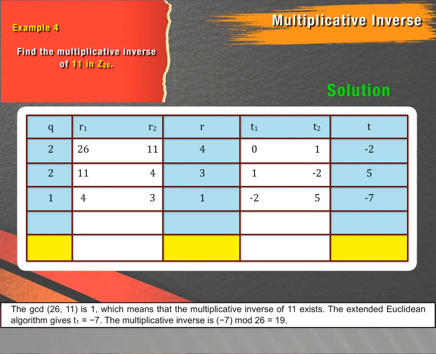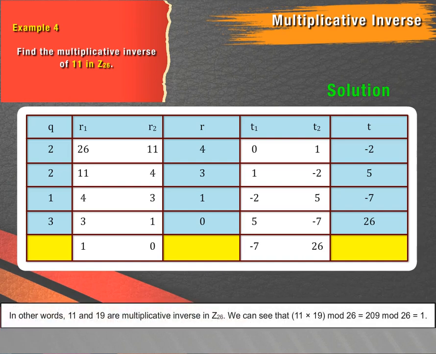The extended Euclidean algorithm gives t1 is equal to -7. The multiplicative inverse is -7 mod 26 is equal to 19. In other words, 11 and 19 are multiplicative inverses in Z26. We can see that 11 into 19 mod 26 is equal to 209 mod 26 is equal to 1.